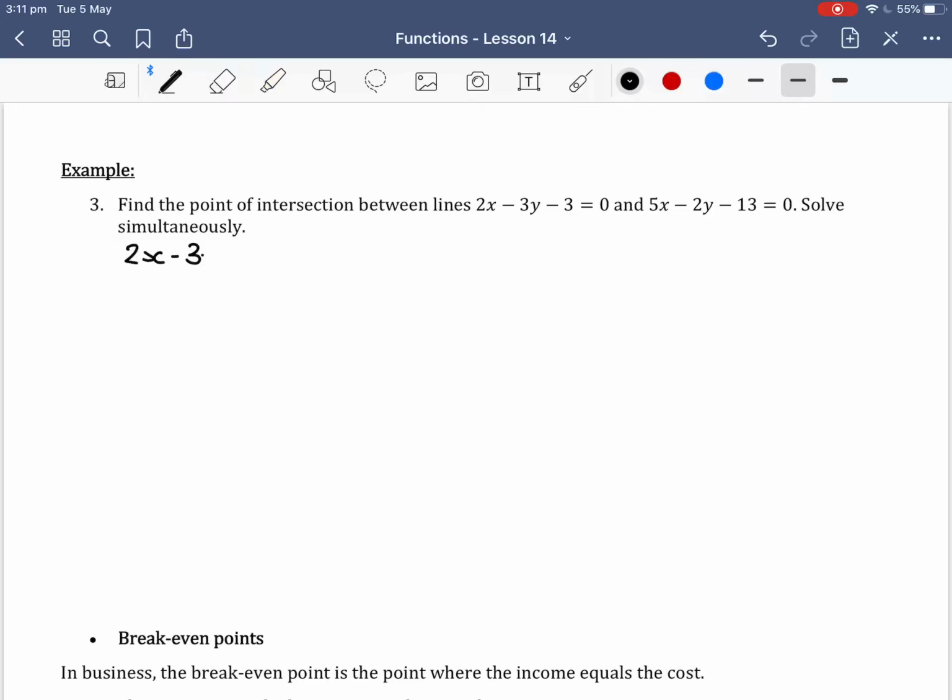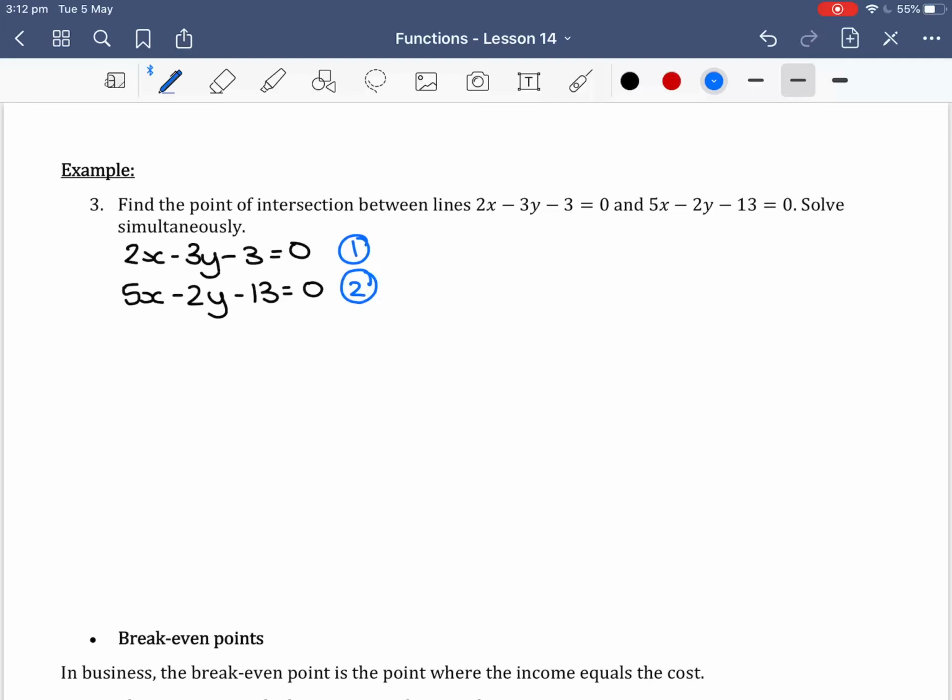So to do this, we're going to write out our equations and we're going to label them. So we're going to label 2x minus 3y minus 3 as 1. And we're going to label 5x minus 2y minus 13 as 2. Now we're going to solve these simultaneously.